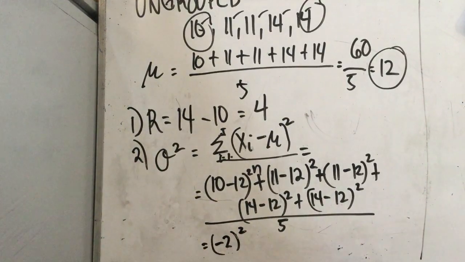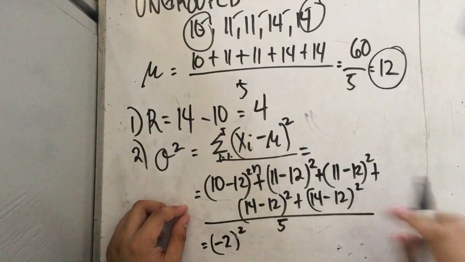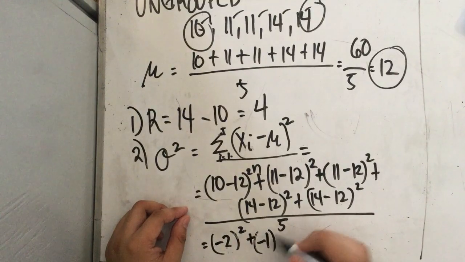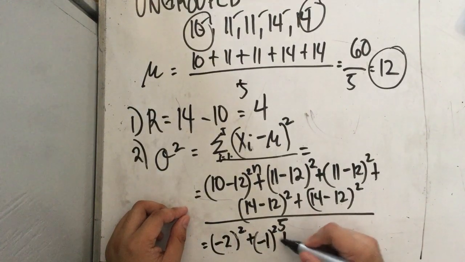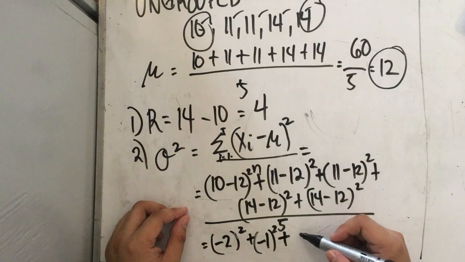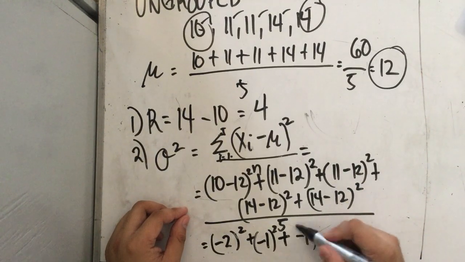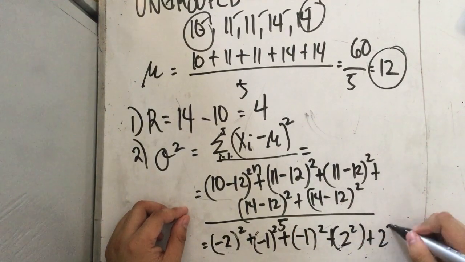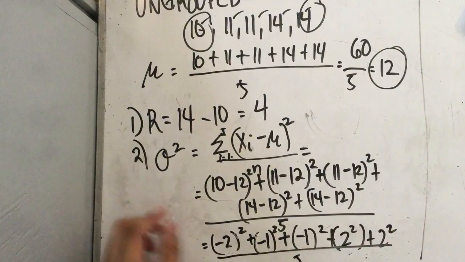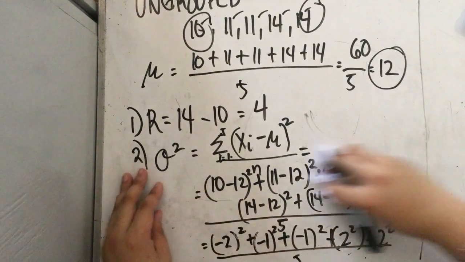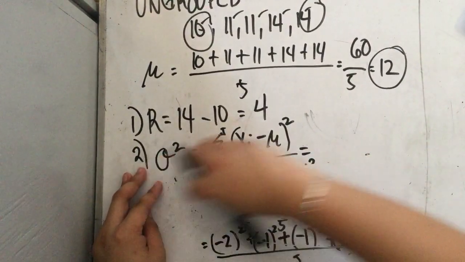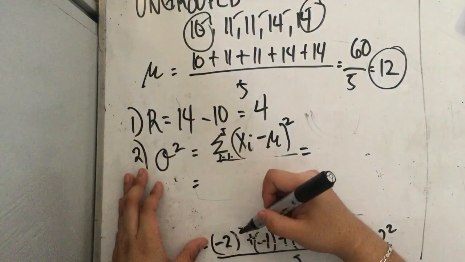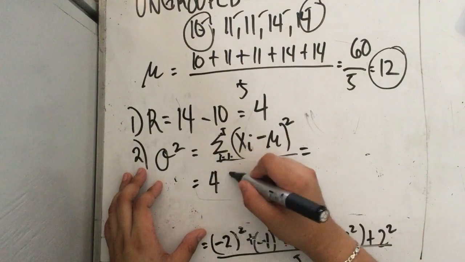which is 4. Okay, plus 11 minus 12, we have negative 1 squared, plus negative 1 ulit squared, plus 2 squared, plus 2 squared over 5. Okay, so since hindi na kasya, let's erase this one. Okay, so we have negative 2 squared is equal to 4.